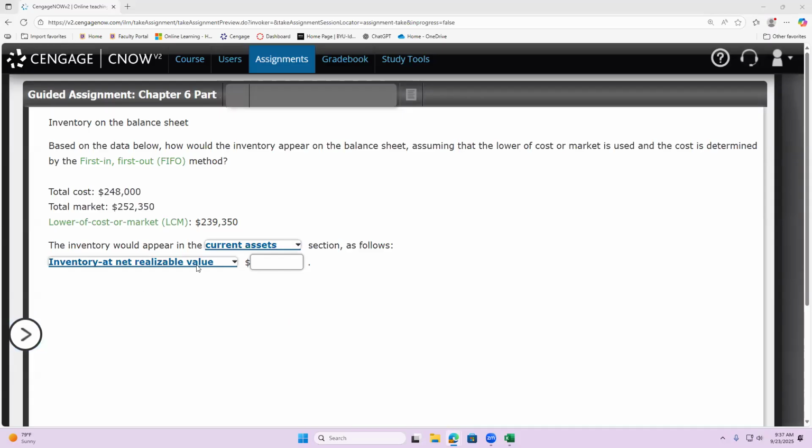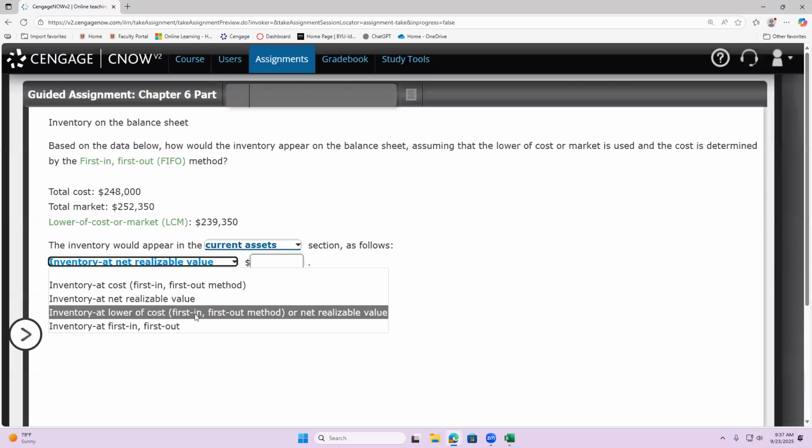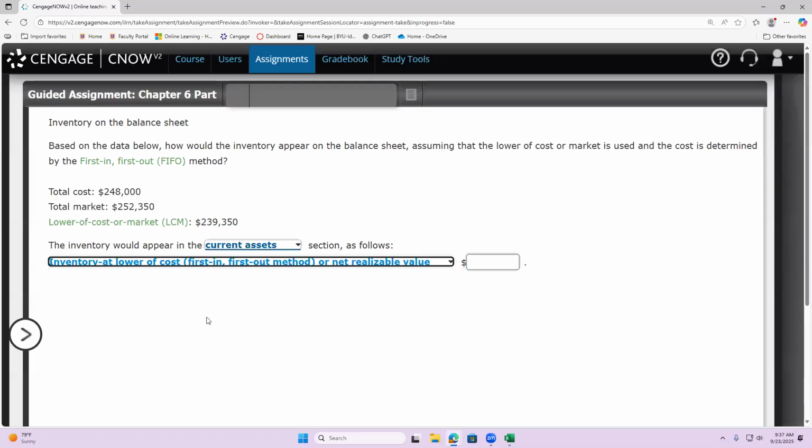I don't know why they have it that way. Okay. So they want us to put the inventory at lower of cost, first in, first out method, or net realizable value. Never have I ever seen a balance sheet that lists all of that. It usually just says inventory, and then there's a little asterisk that says see note, and you go down to the note, and then it explains all this information to you at the end. Anyway, that's going to be at this lowest price.